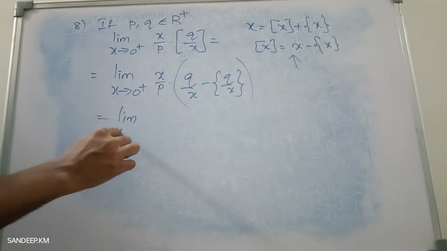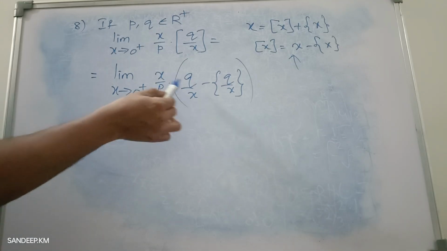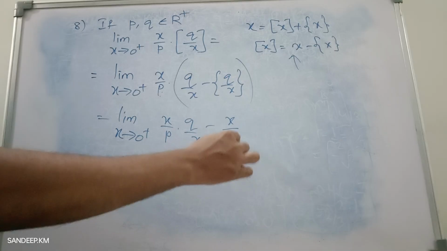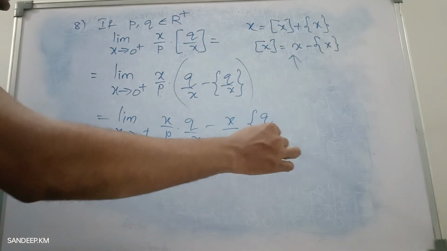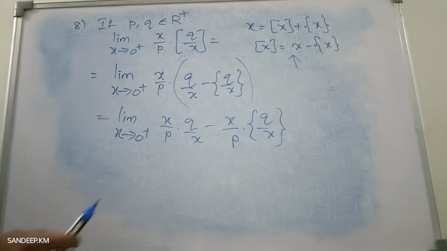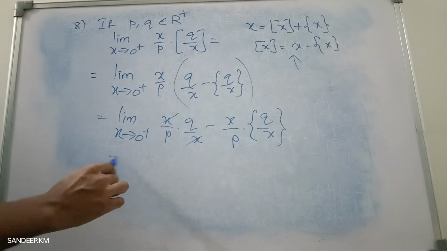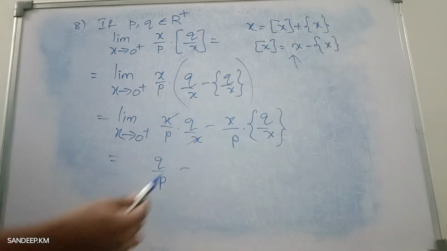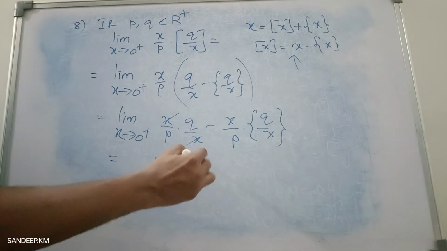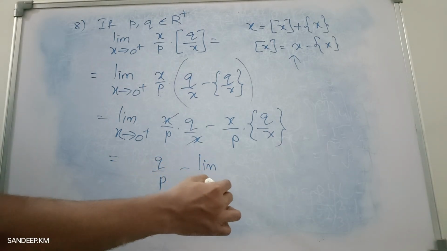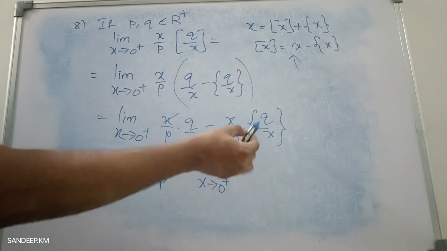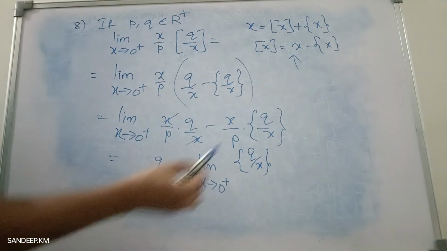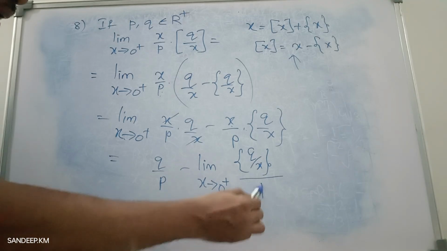Limit x approaches 0 plus x by p into q by x minus x by p into fractional part of q by x. Observe, the next step is very important. x and x get cancelled. You will get q by p and minus limit, which is needed only for this term. So limit x approaches 0 plus x by p. Observe one thing, I'll write the fractional part of q by x in the numerator, into x by p, which means divided by p by x only.